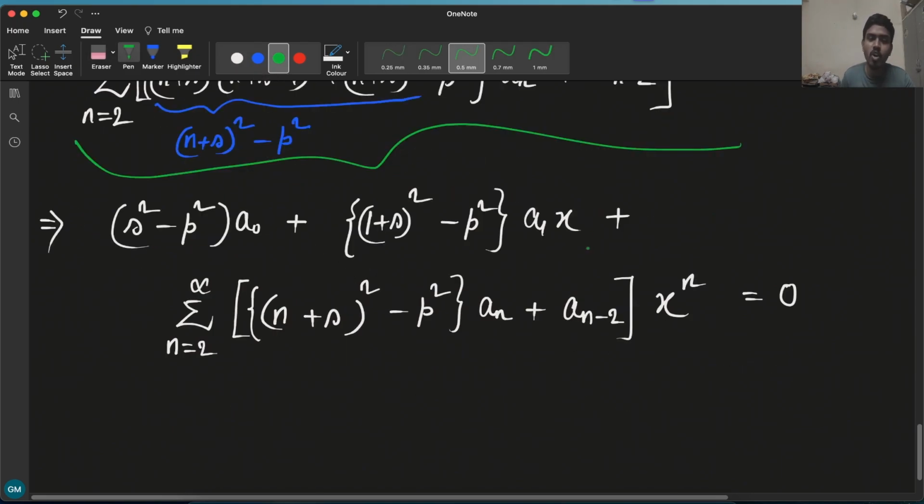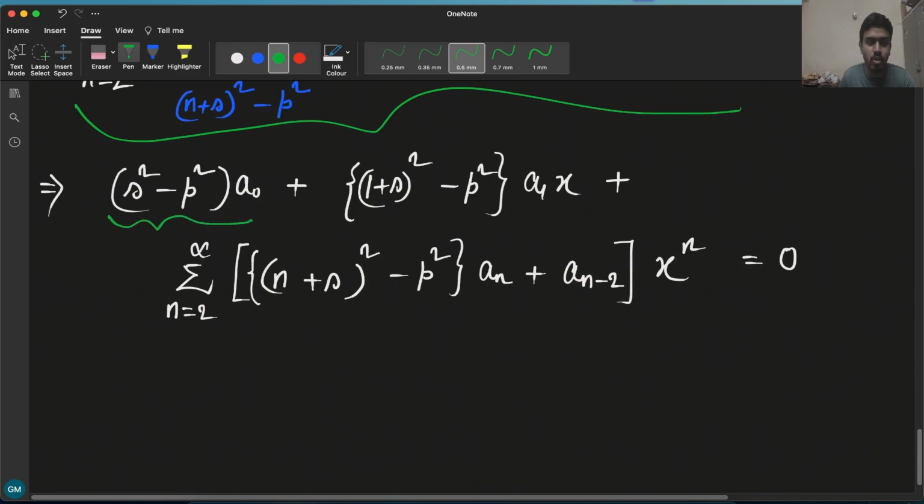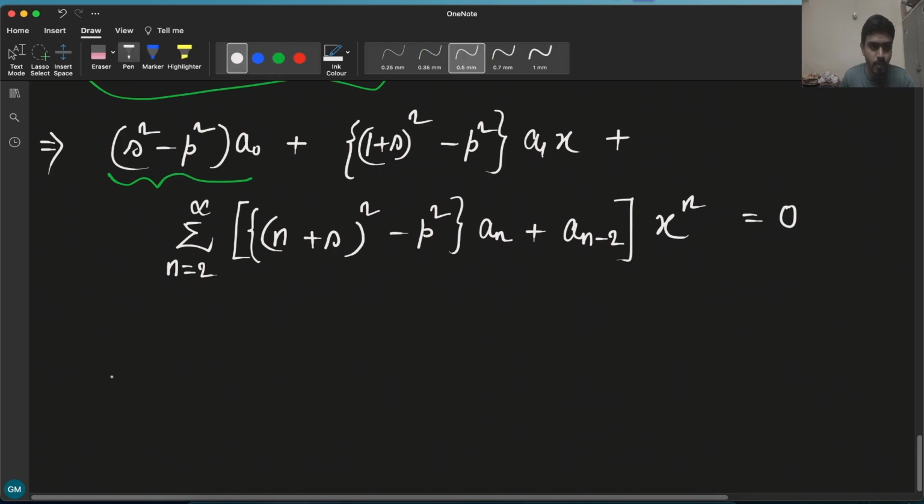Now what I will do is I will compare the powers of x. So right hand side it is 0, and that means the coefficient of x to the power n for n equals to 0, 1, 2, 3, 4 must be 0. If I take the constant term and equate it with 0, then I will get s square minus p square times a0 equals to 0.